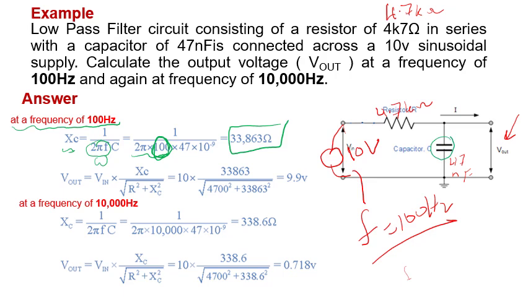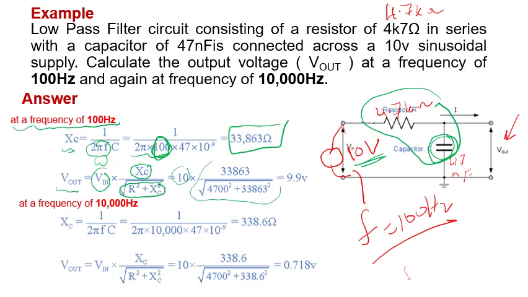By the voltage divider rule, the output voltage is equal to this reactance over the total impedance, times the input voltage, which will be equal to 10 multiplied by these values, which equals 9.9.